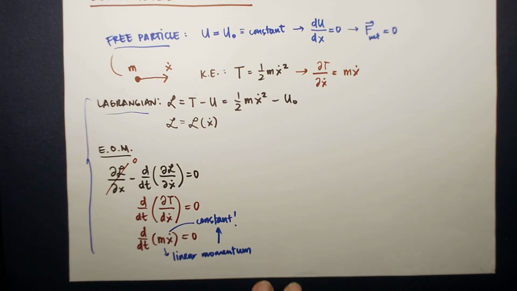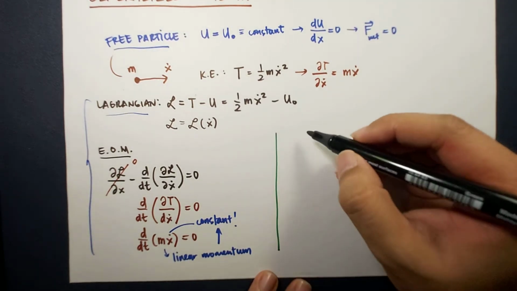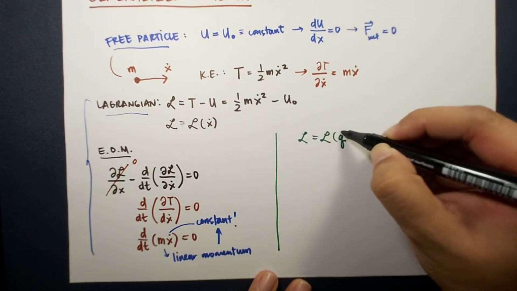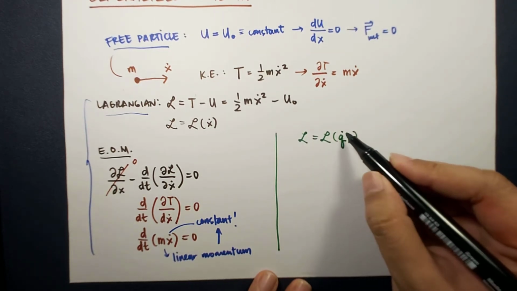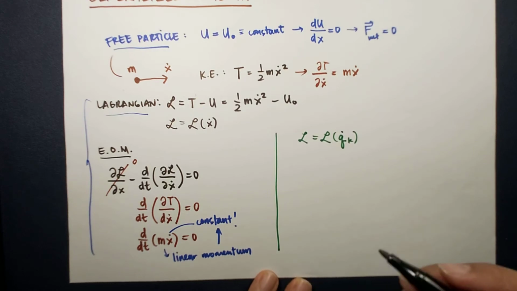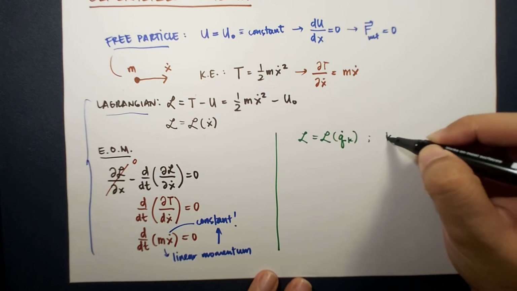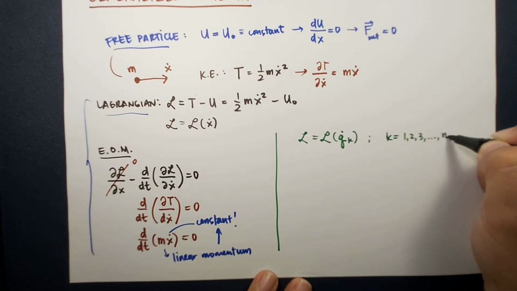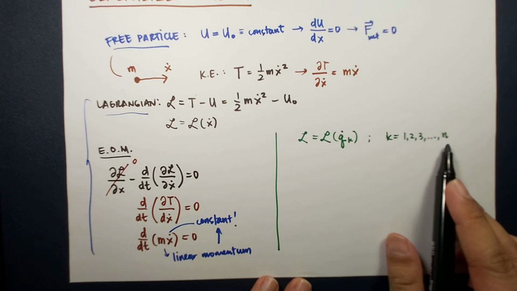But the point is that if the Lagrangian is independent of a coordinate, you'll notice that L is only a function of the velocity, where q k dot is your generalized velocity, and k is equal to 1, 2, 3, up to any number n, which is your degrees of freedom.